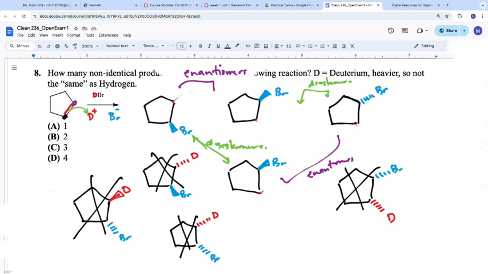Just out of curiosity, out of the 4 that were non-identical products, would any of them be the main product or the more likely product of this reaction? So that's an interesting question, because when we get multiple products, and we've talked about this, right? When we got 2 products, we could reference some of them as kinetic versus thermodynamic.